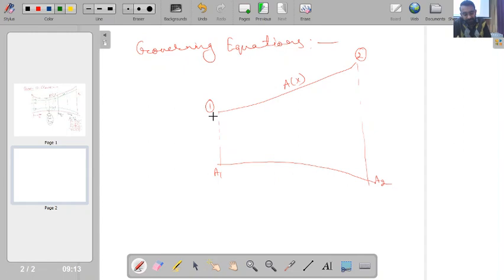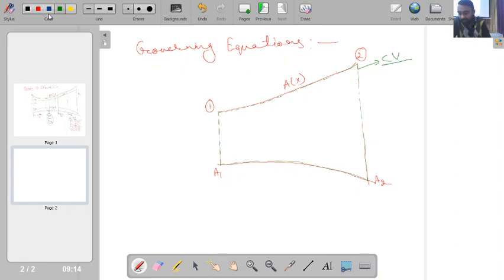If any fluid is flowing inside this, I can consider a fluid control volume, represented by this dashed green line. Whatever the shape of this duct, the same I can consider as the fluid control volume.